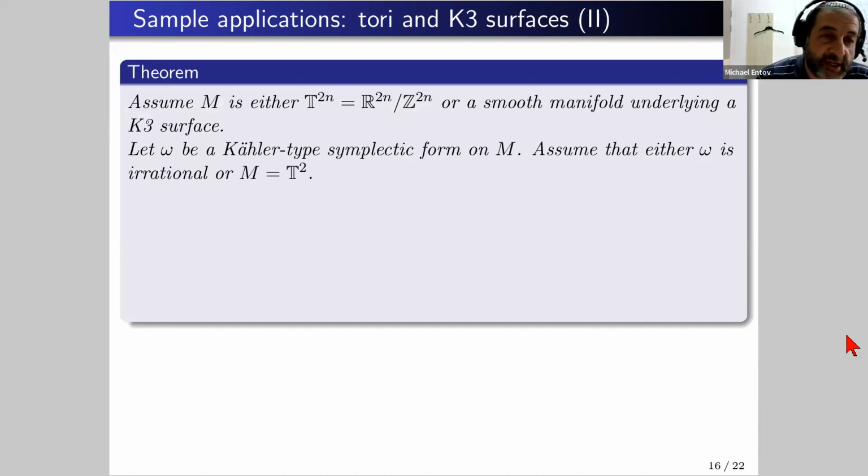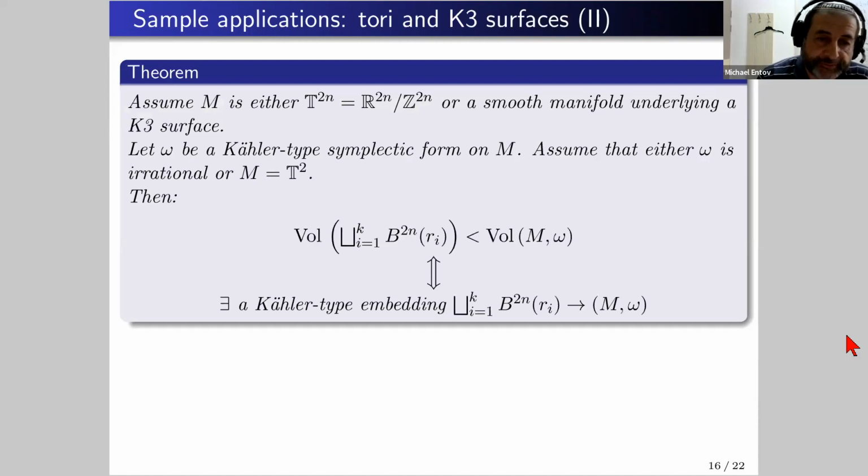Then there are no obstructions for Kähler-type embeddings other than the volume. The only obstruction is the trivial one, the volume. Sometimes in such a situation we say that embeddings are unobstructed. So Kähler-type embeddings of balls into tori and K3 surfaces are unobstructed.